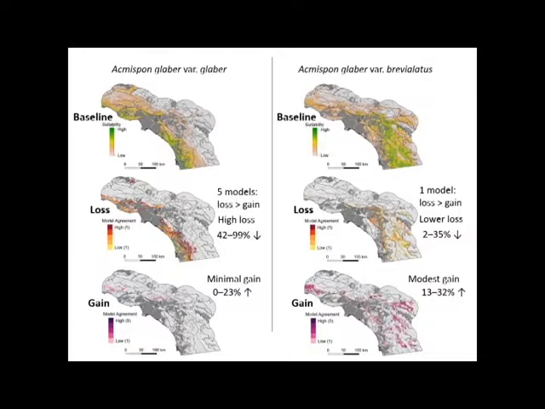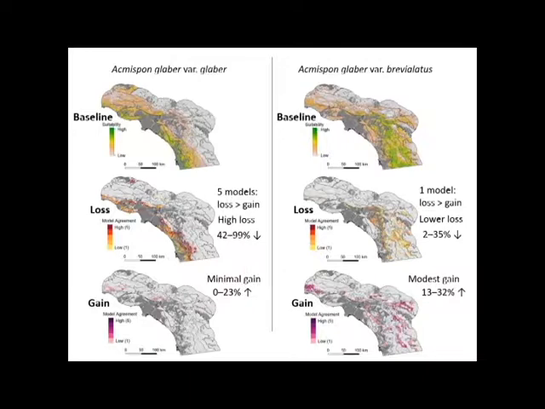And you can see the baseline habitat suitability projections are quite different for the 2, where again the dark green is mostly toward the west, the coast, for glaber, and toward the interior for brevialatus. And when we look at habitat loss for glaber, all 5 models projected that loss would exceed gain.